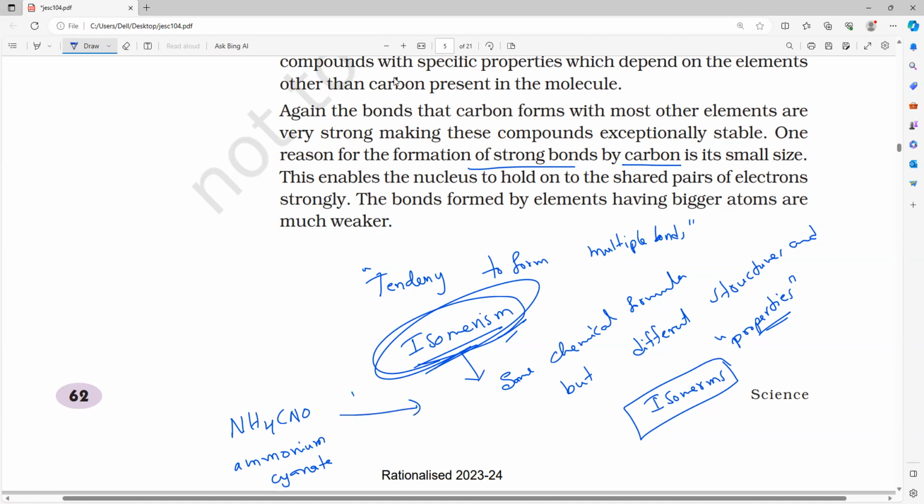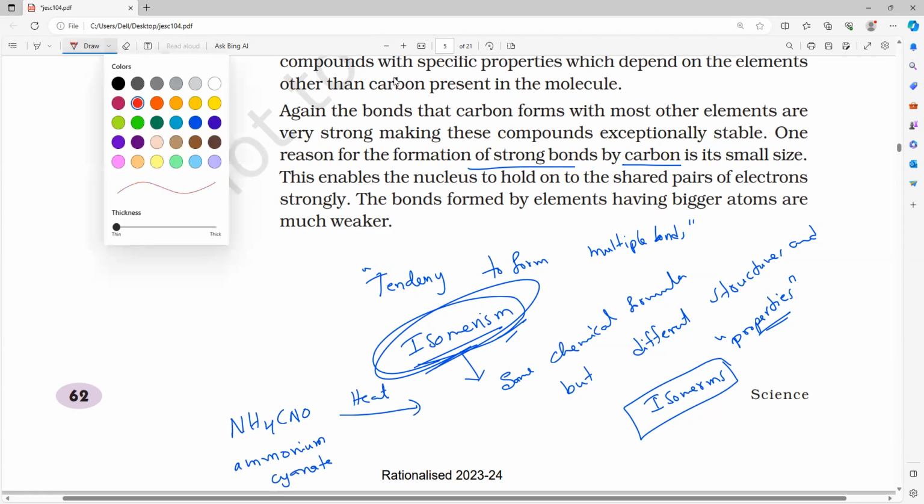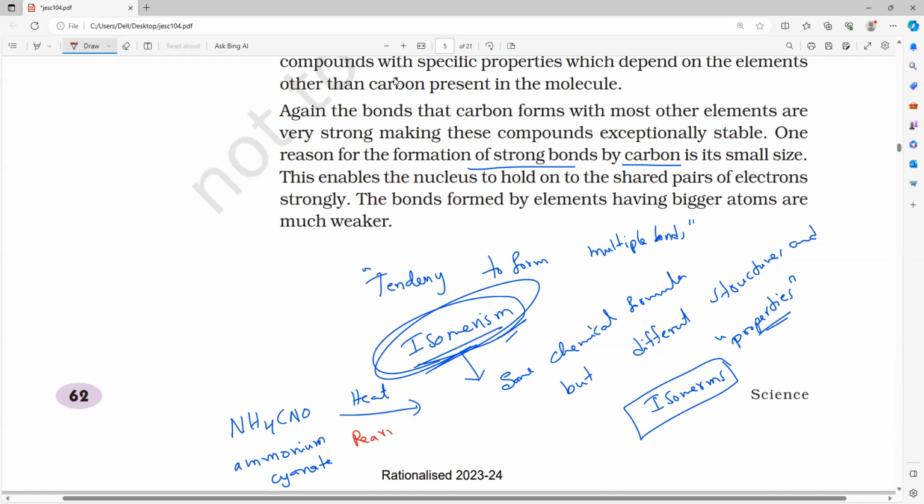If you heat it, no atoms will change, no new atoms will come. Just a rearrangement of atoms will take place. Then we will get NH2CONH2, which we call urea.